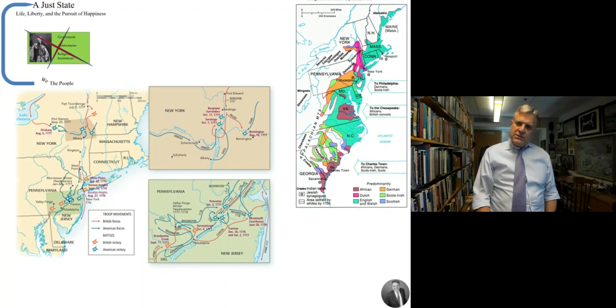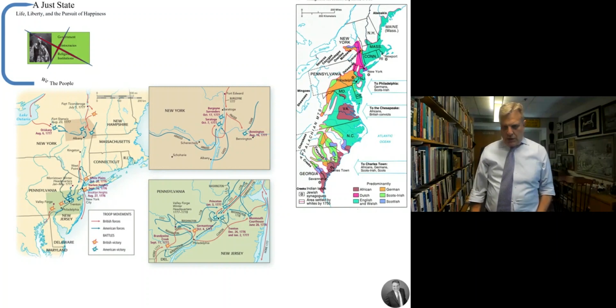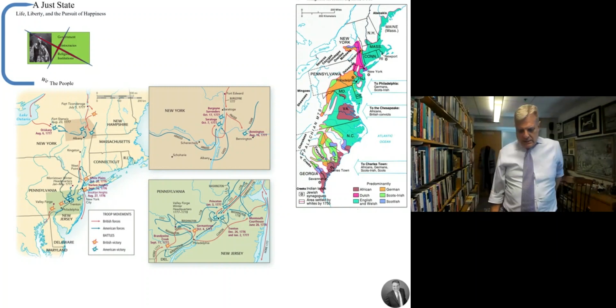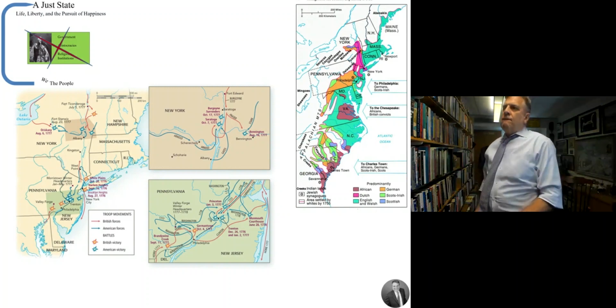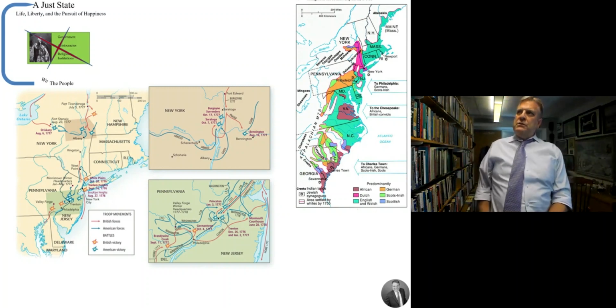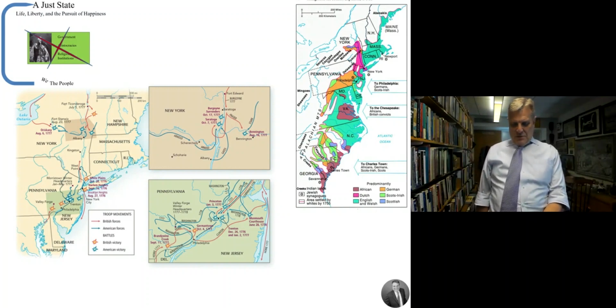But pay attention to who's actually doing the fighting during this period. In Pennsylvania, a majority of the citizens are German Americans fighting for revolution, for independence, in places like Germantown or Brandywine.